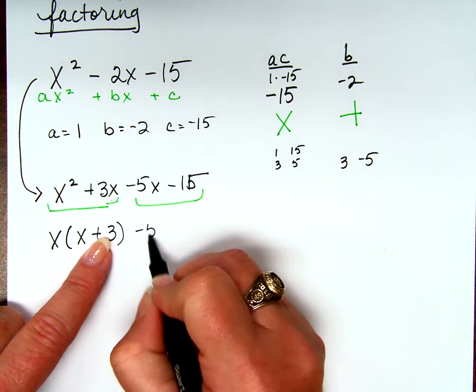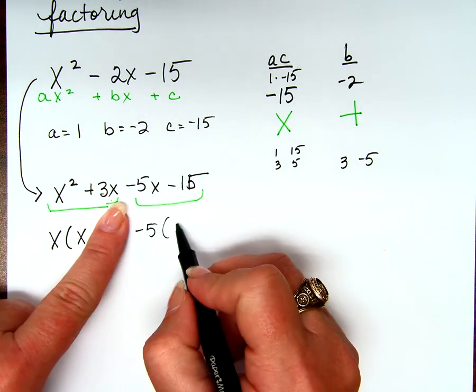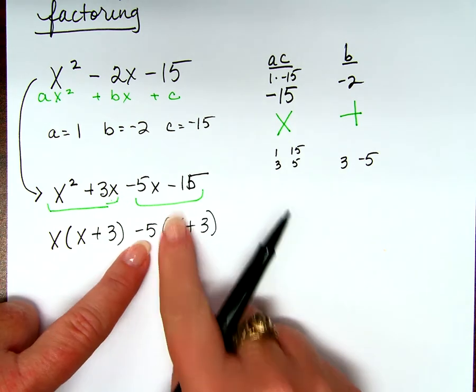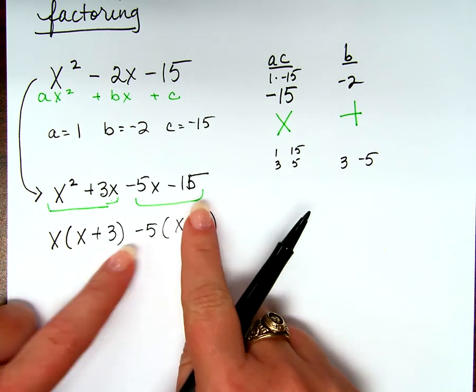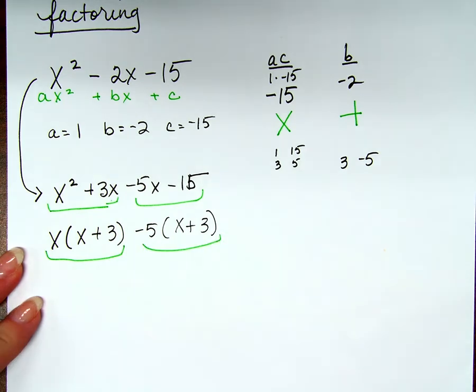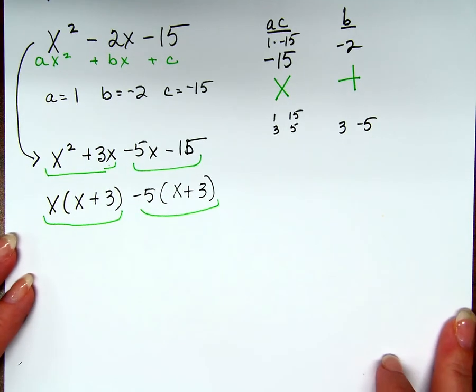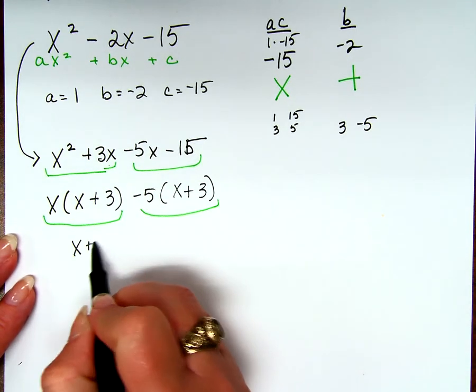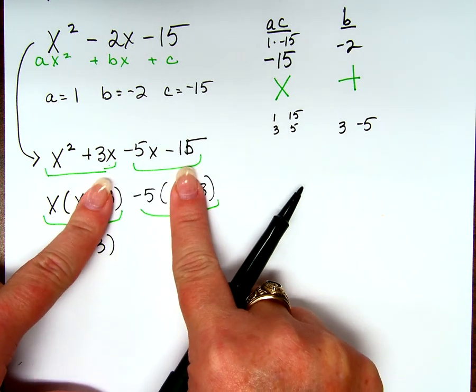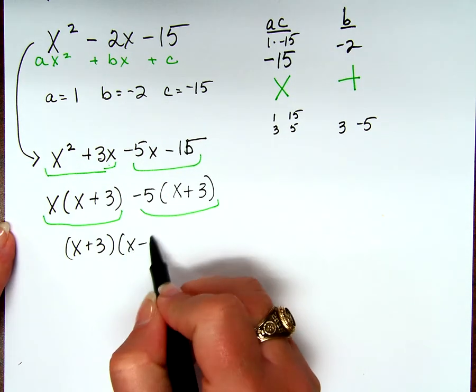Negative 5. If I factor out a negative 5 from each term, what's left? X plus 3, right? Plus 3 because I factored out a negative 5. Now looking at these two terms, do they have anything in common? An x plus 3. If I factor out an x plus 3, what's left? X minus 5. Done.